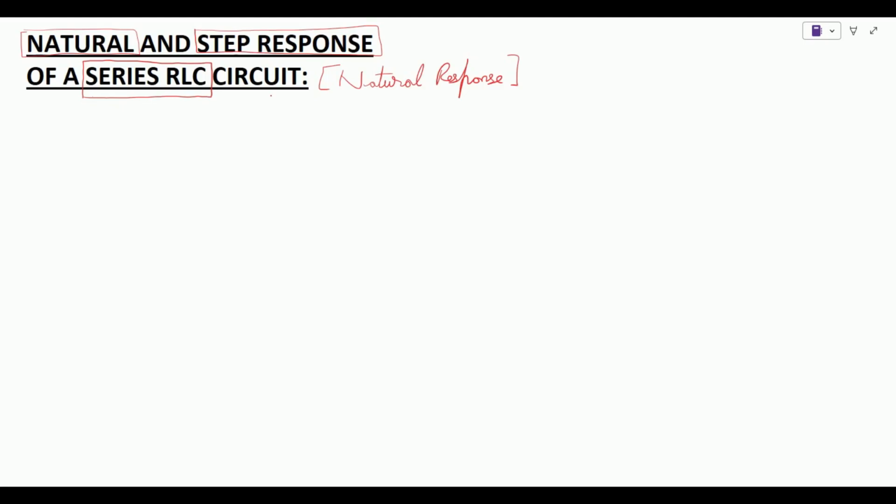And we are going to come to this conclusion that the equations which we derived for the parallel RLC circuit in terms of voltages will be equal to the equations for the current that we are deriving for the series RLC circuit, and we are going to shortly look into this phenomenon as well. So let us start with the natural response.